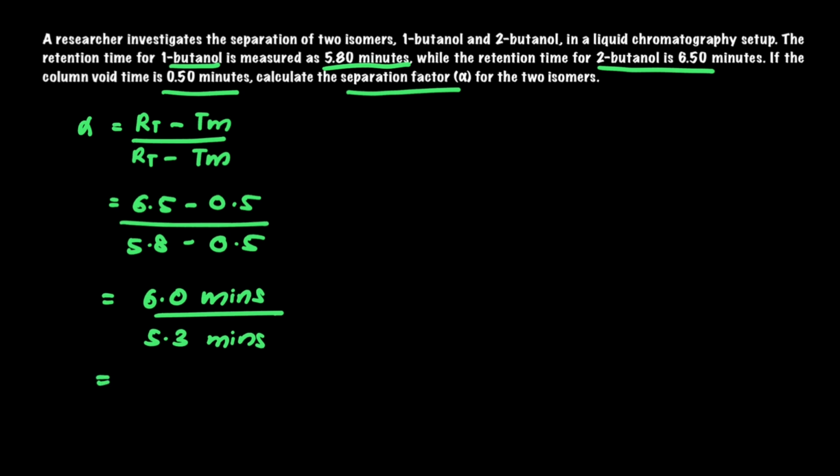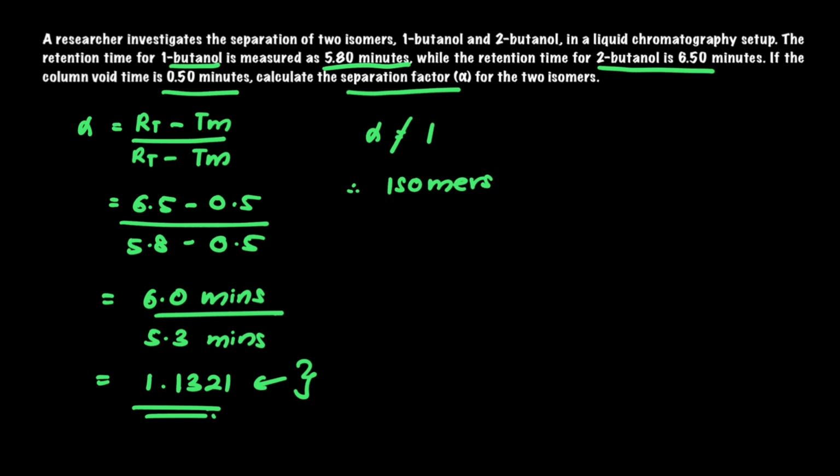So your final answer is equivalent to 1.1321. So how can you explain this value? Because if your alpha is not equivalent to 1, it means that these isomers did not elute at the same time.